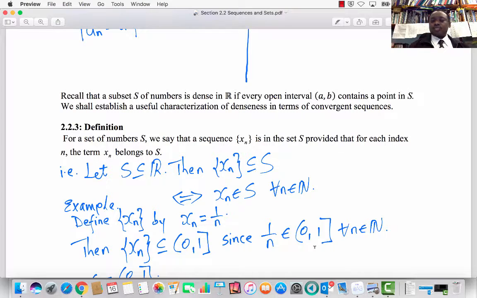Now, let's go on to something that we saw back in chapter 1: the density, or the denseness, of a subset S of the set of real numbers.